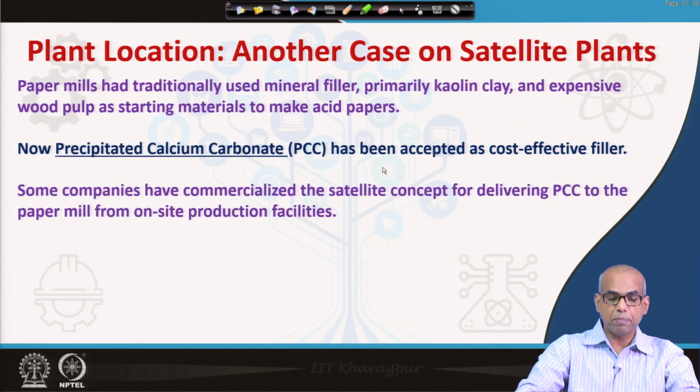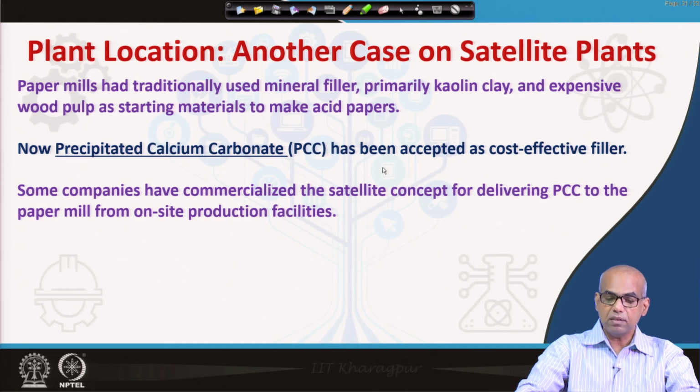Some companies have commercialized the satellite concept for delivering precipitated calcium carbonate to the paper mill from an on-site production facility.